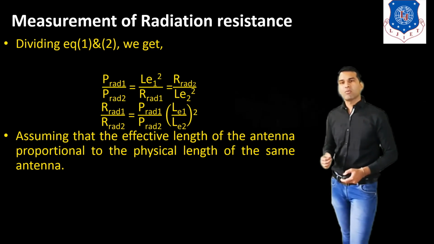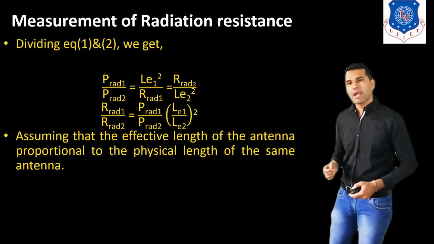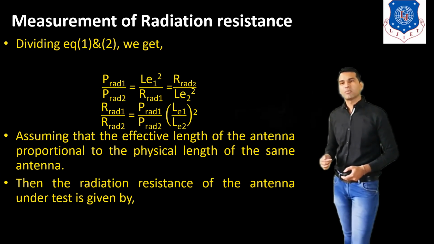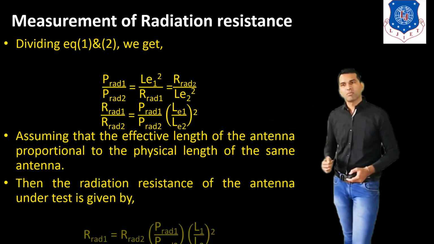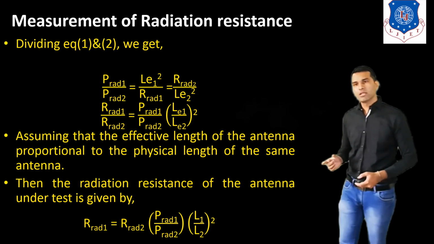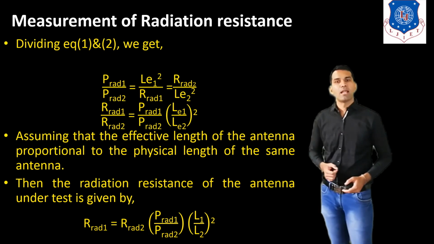Assuming that the effective length of the antenna is proportional to the physical length of the same antenna, the radiation resistance of the antenna under test is given by R radiate 1 is equal to R radiate 2 times (P radiate 1 upon P radiate 2) times (L1 by L2) squared.